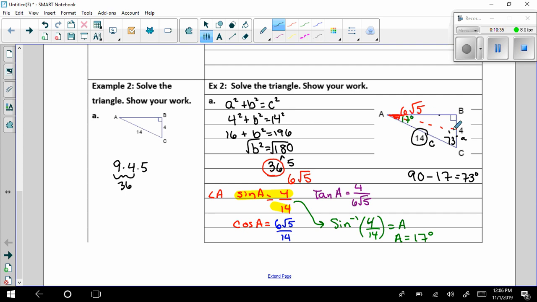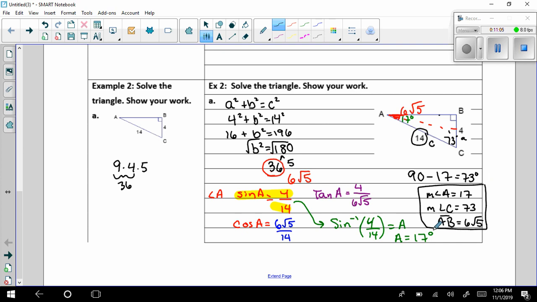That applies here. So the measure of angle A is 17. The measure of angle C is 73. And AB is 6 root 5. Those are all of the things we were missing from this triangle to begin with.